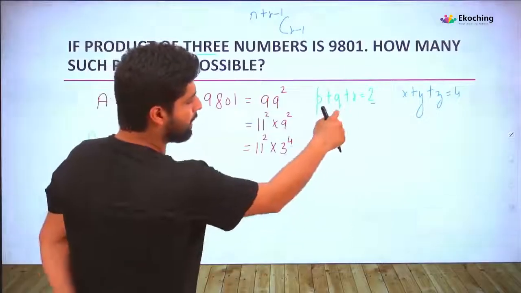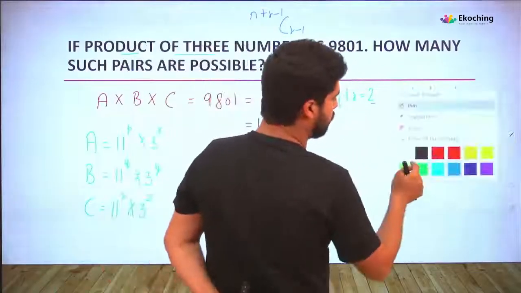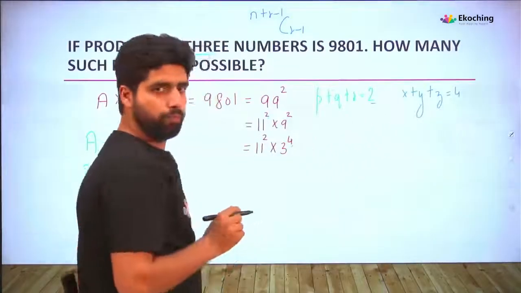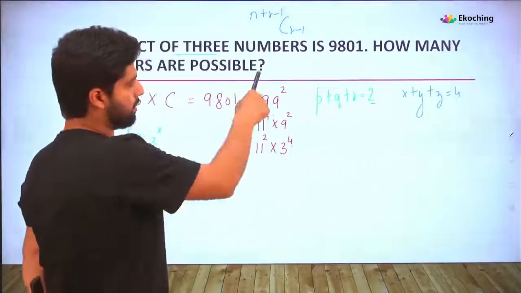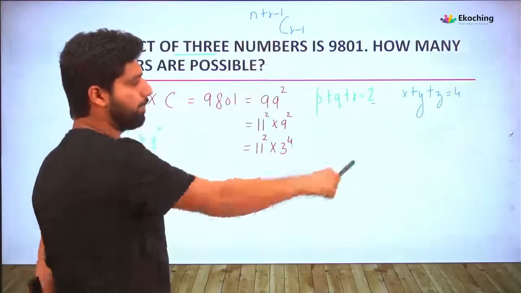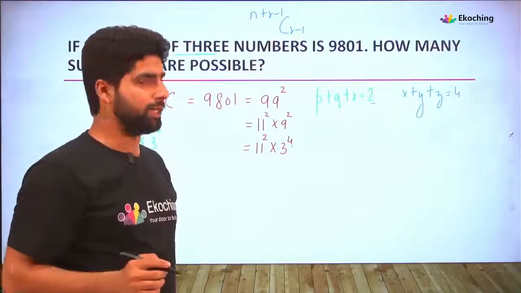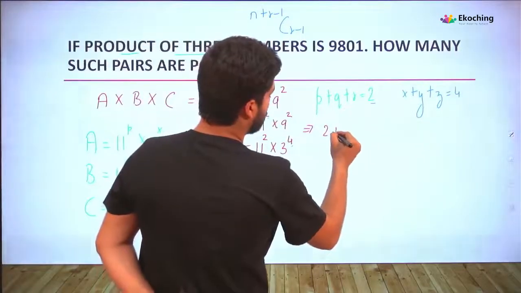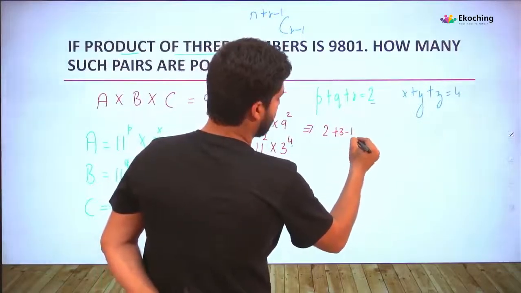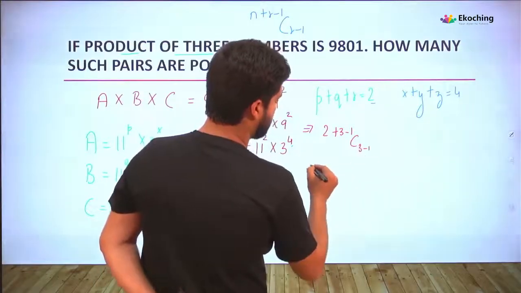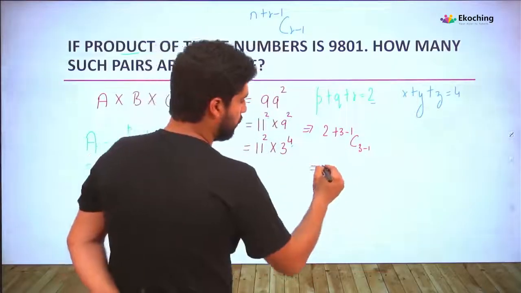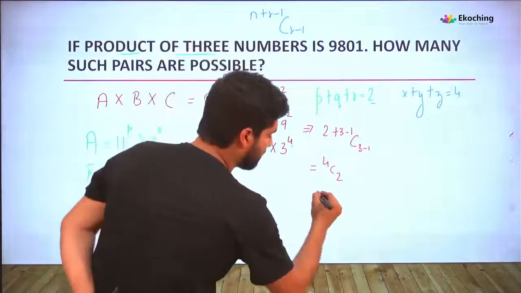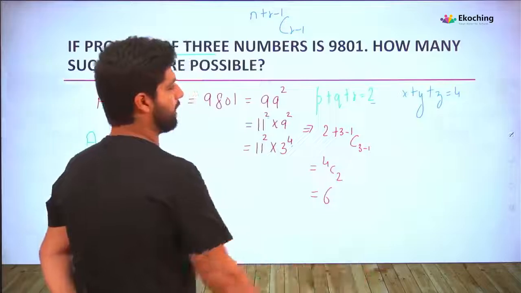So in this p plus q plus r equal to 2, the value of n is 2. And the number of variables r is 3, for p plus q plus r. So this turns out to be 2 plus 3 minus 1 C 3 minus 1, which is equal to 4C2. So solving this, you would be getting 6 pairs.